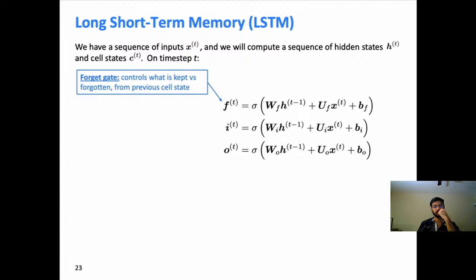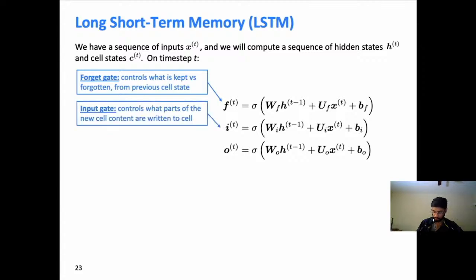It controls what is kept versus what is forgotten from the previous cell state, the previous memory. You can see that this forget gate is computed based on the previous hidden state, ht-1, and the current input, xt. That's what I meant when I said it's dynamic and computed based on the current context. You can also see that it's computed using the sigmoid function, which means that it's somewhere between 0 and 1.